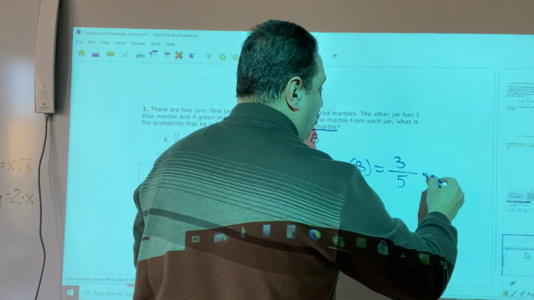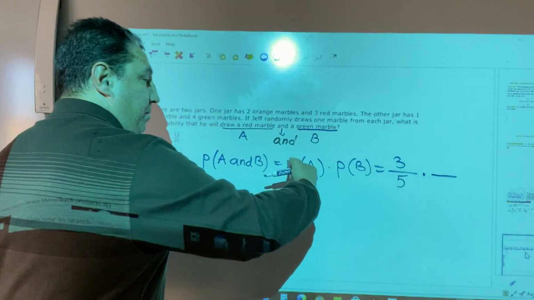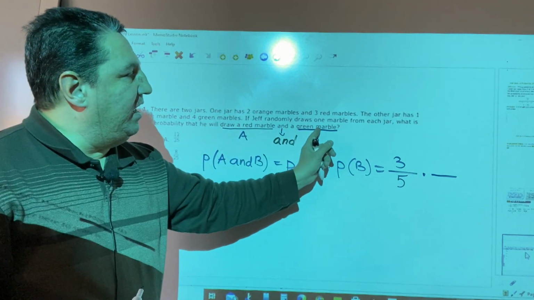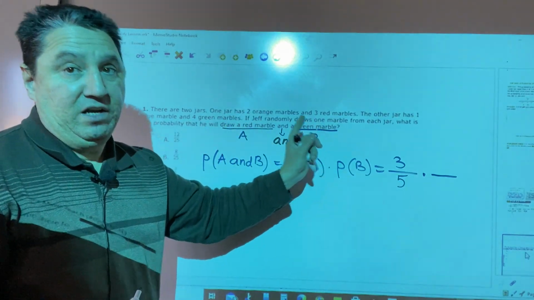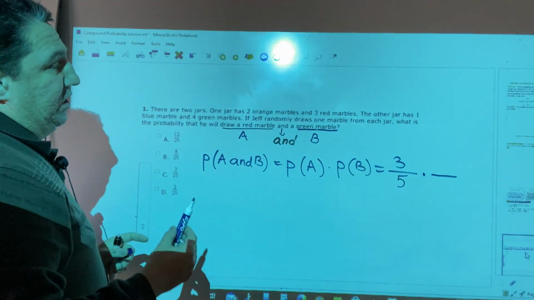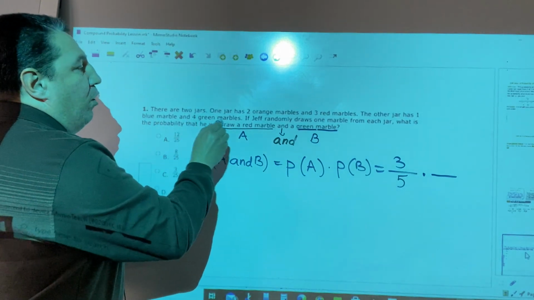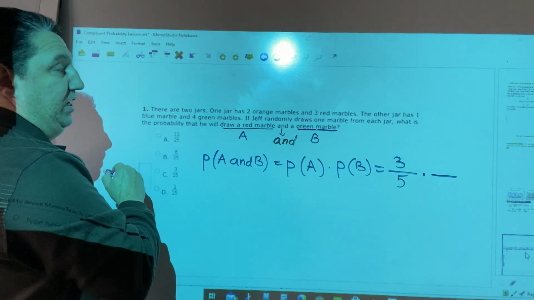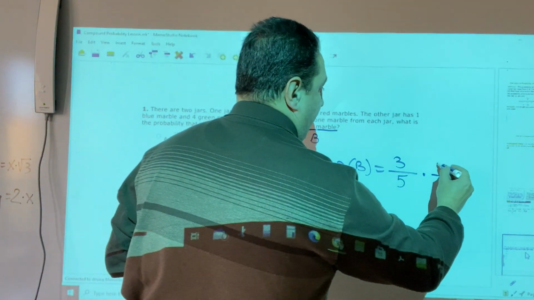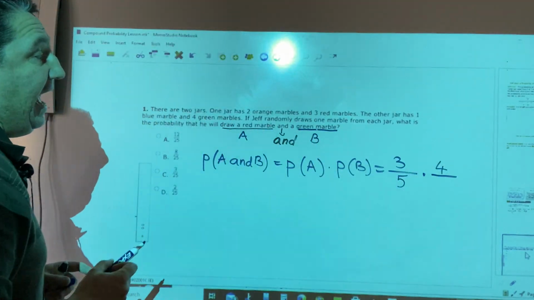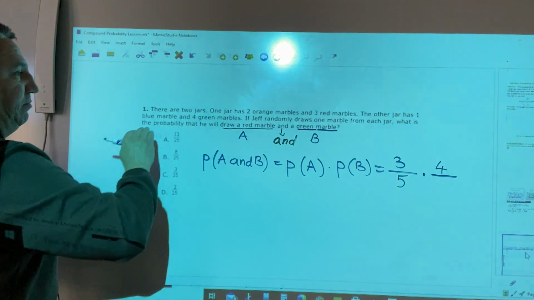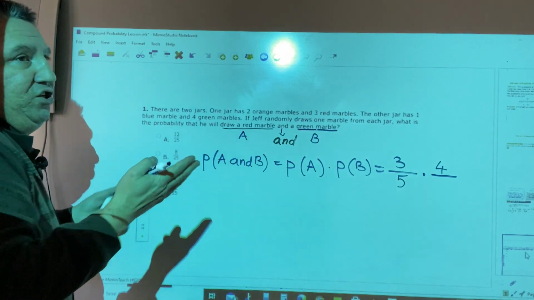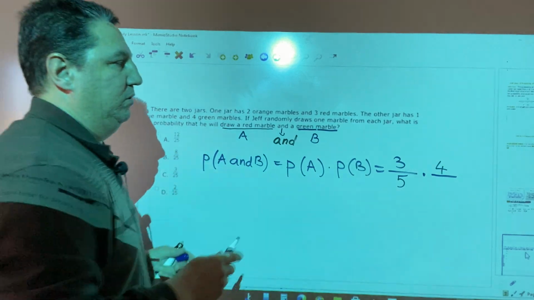Now, we multiply by the probability of event B. What is the probability of drawing a green marble? We have 4 possible favorable outcomes here because we have 4 green marbles. So, on top will be 4. And the total number of possible outcomes for the second jar is 1 plus 4, because you have a total of 5 marbles also.